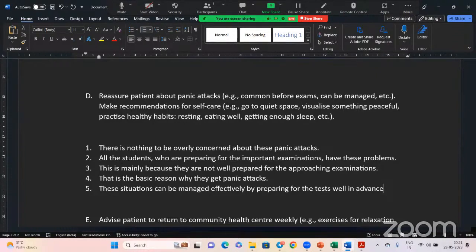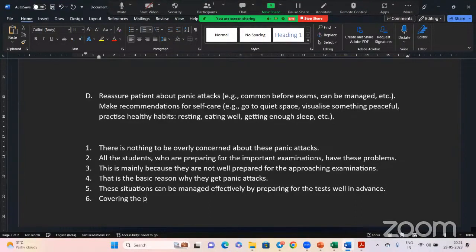Covering the subjects on a daily basis, covering the subjects daily, weekly, monthly.